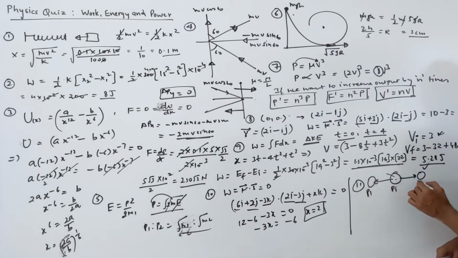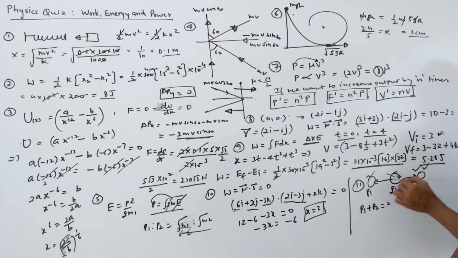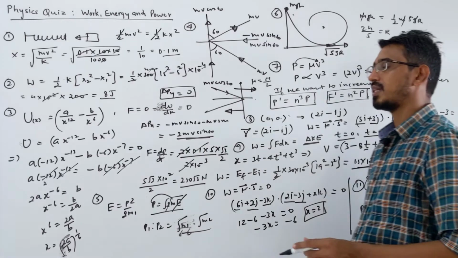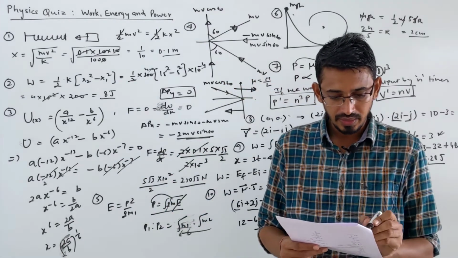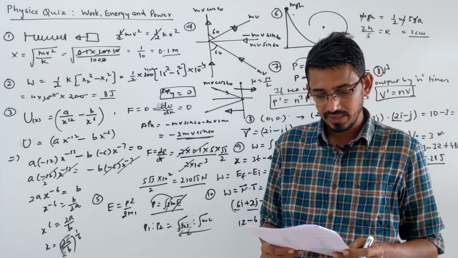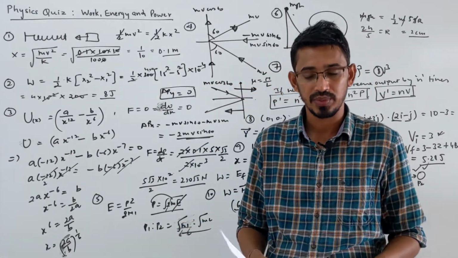So the momenta of the two pieces should be equal and opposite, like P1 plus P2 equal to 0, because initial is 0. Kinetic energy, masses and velocity may be different. So the answer of question 11 is the first option. Yes, both should have numerically equal momentum, and the direction will generally be opposite.